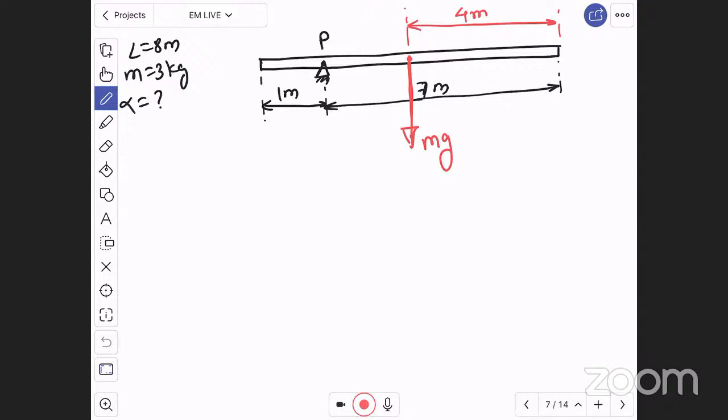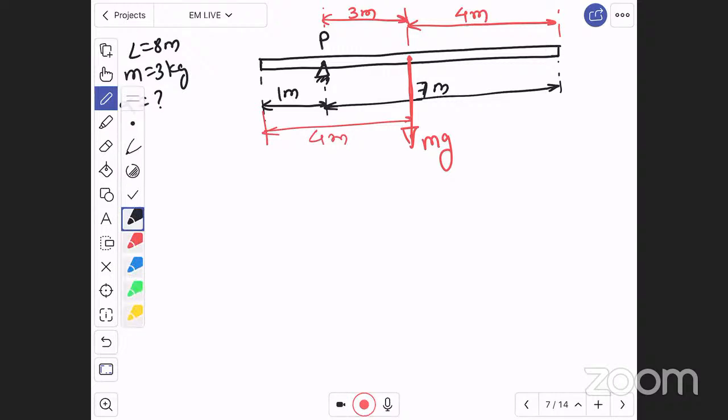So from point P, the center will be at 3 meter length, because the extreme end to point P is 1 meter, and 1 meter plus 3 meter, total becomes 4 meter.